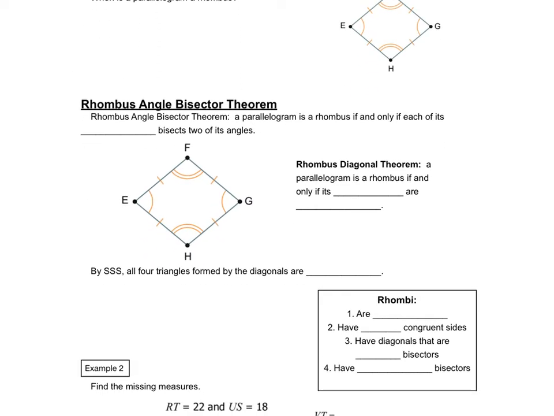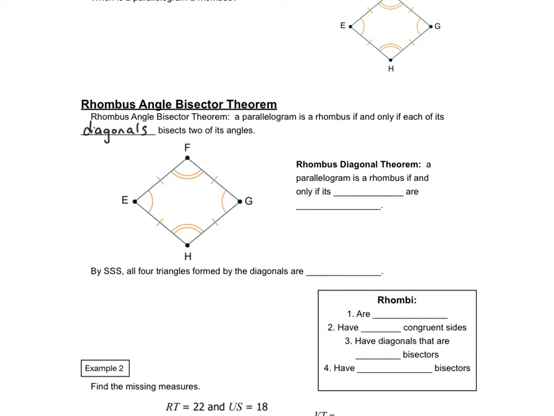So the rhombus angle bisector theorem is we have a parallelogram as a rhombus if and only if each of its diagonals bisects 2 of its angles.